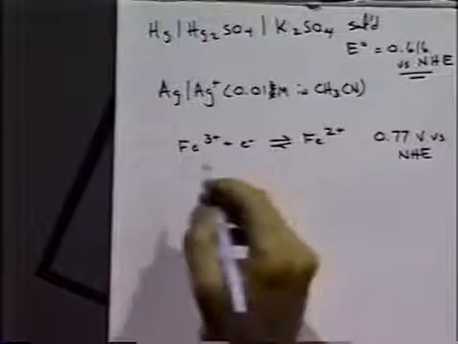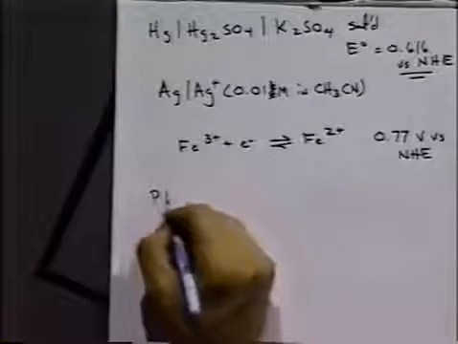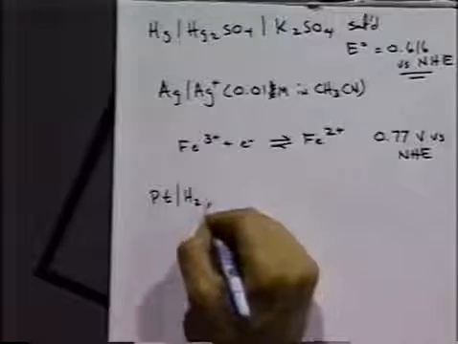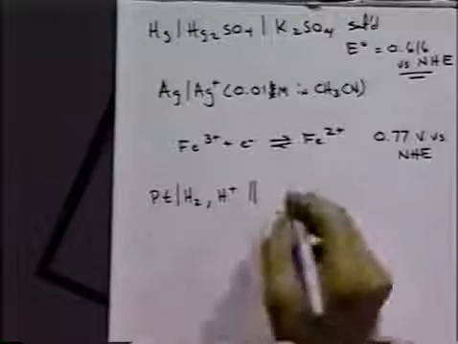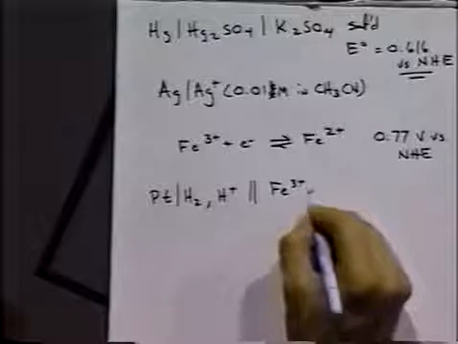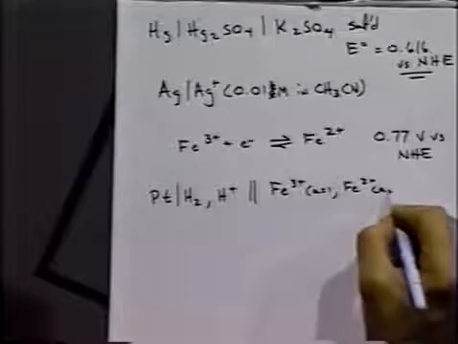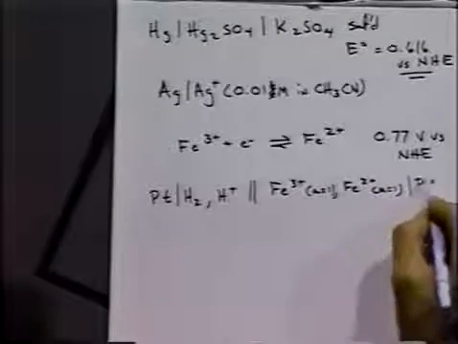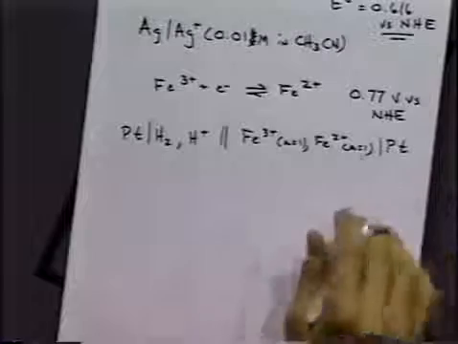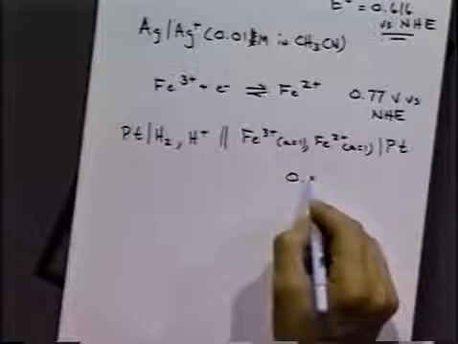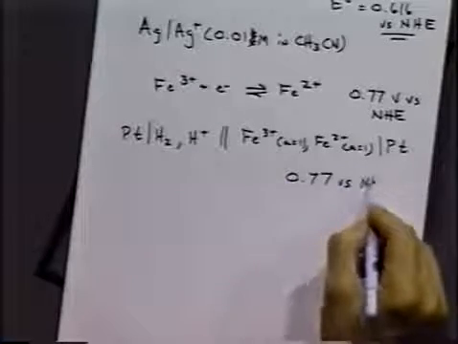And this would be appropriate for this sort of cell. When we measure this half cell reaction, we're essentially measuring it versus the normal hydrogen electrode. And so how do we do that? Well, that's a reduction, so that's 0.77 volts versus NHE for this particular case.